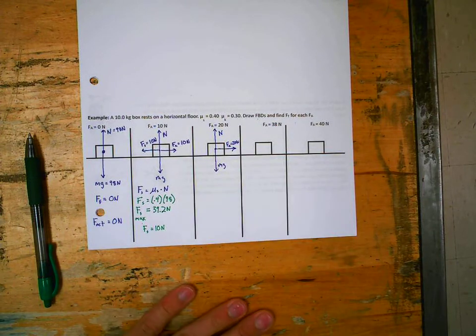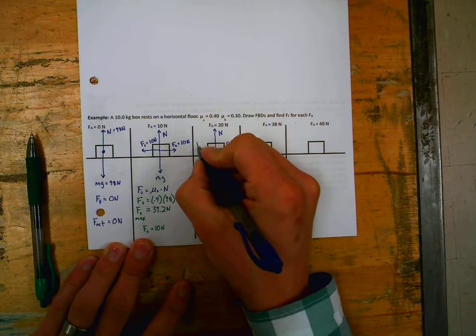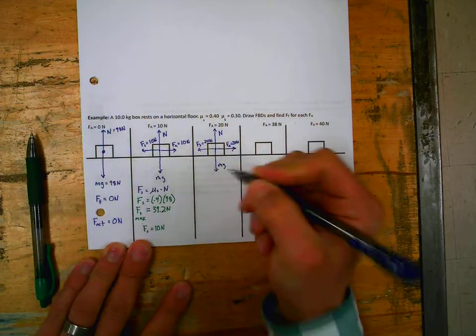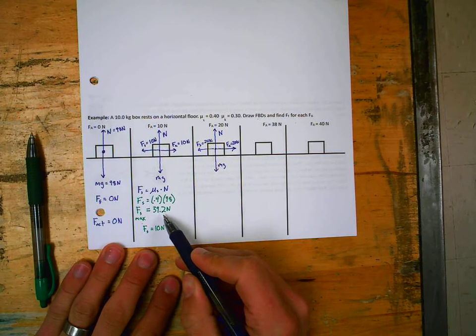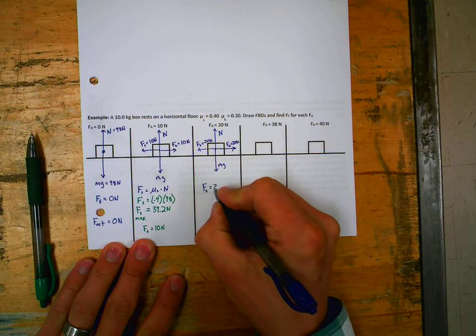Okay, what's the friction going to do here? Without even calculating anything, it's just going to be 20 as well. And it's going to be static. Force static equals 20. Okay, and I'm just using the 39.2. We're still below it. Okay, so force static 20 newtons.